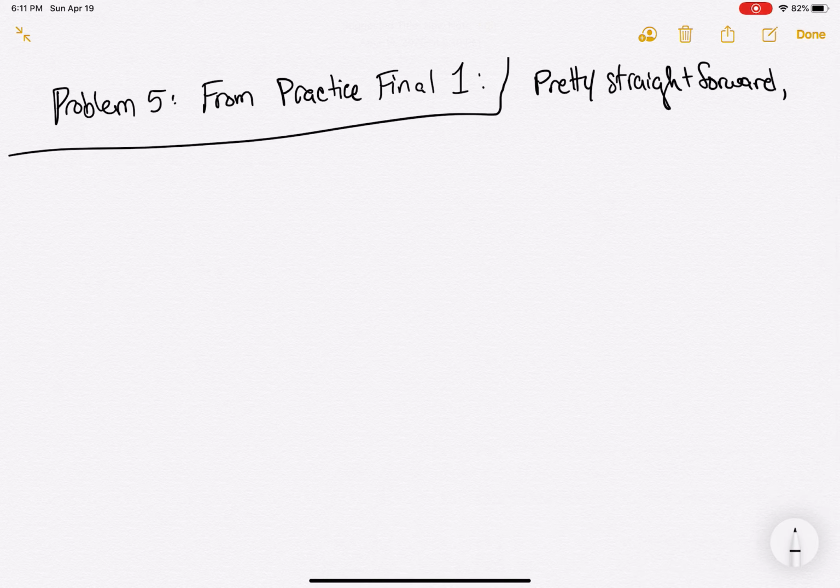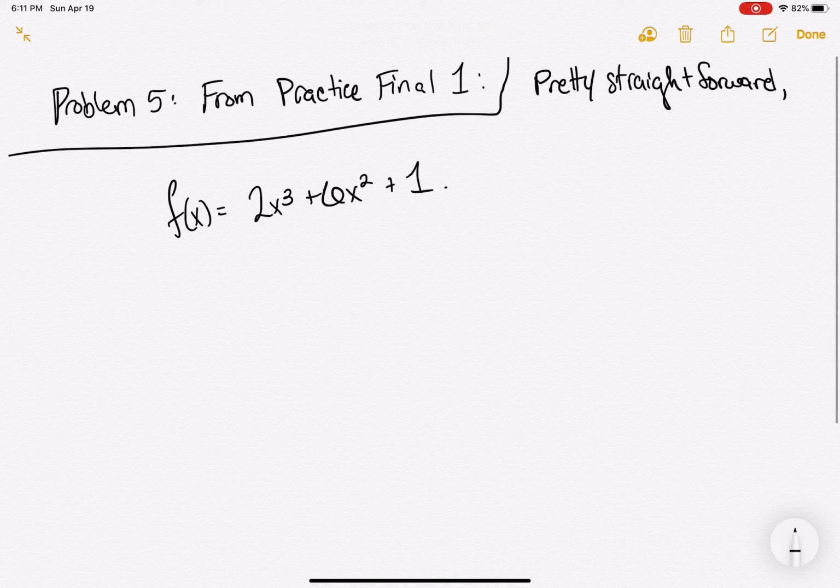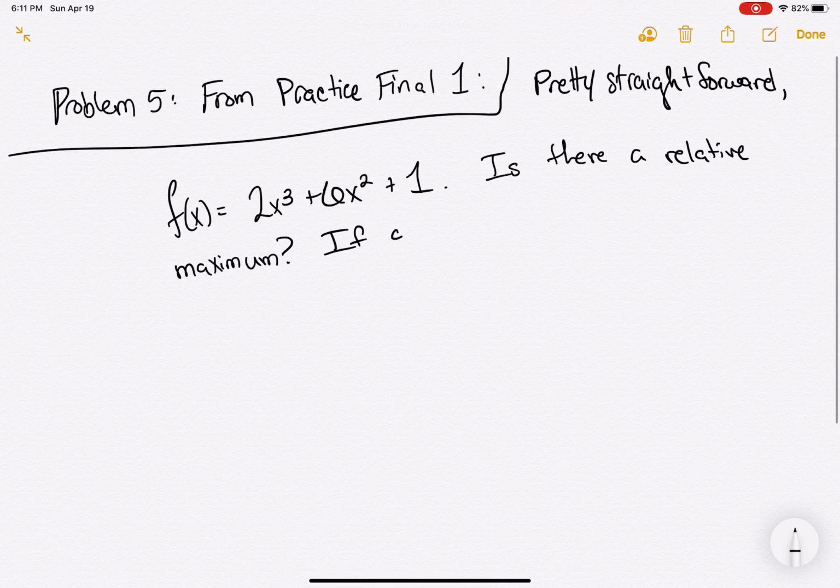So what are we doing? We just have a function, f of x equals 2x cubed plus 6x squared plus 1. And I asked the question, is there a relative maximum? If so, what is it?